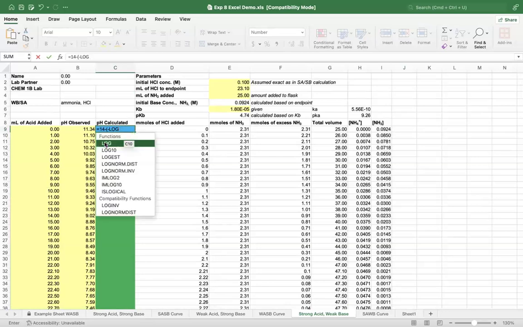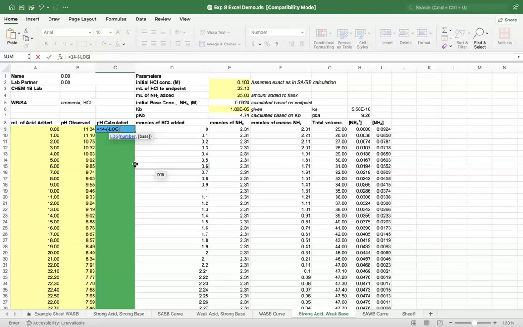It's the negative log of hydroxide, which is the x in our Kb equals x squared over b equation. So we need to now find what x is. Remember, that comes from the square root. So I'm going to do a square root function. And it's the square root of the concentration of NH3 times the Kb.